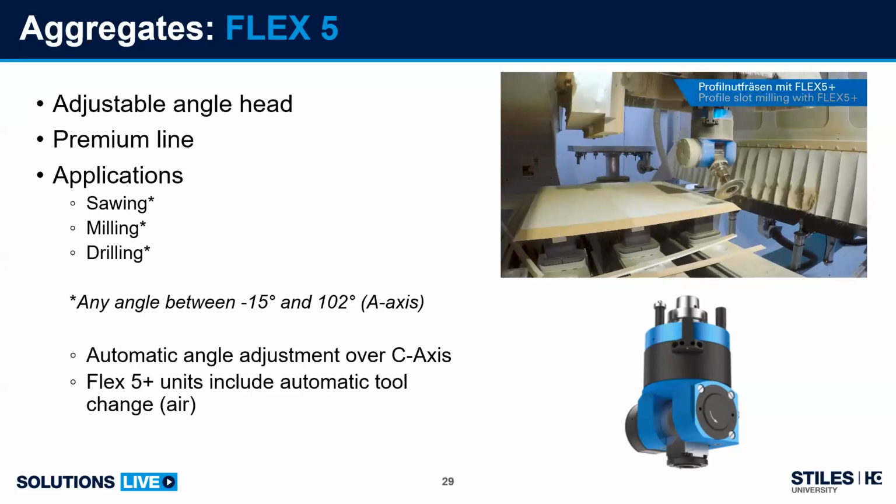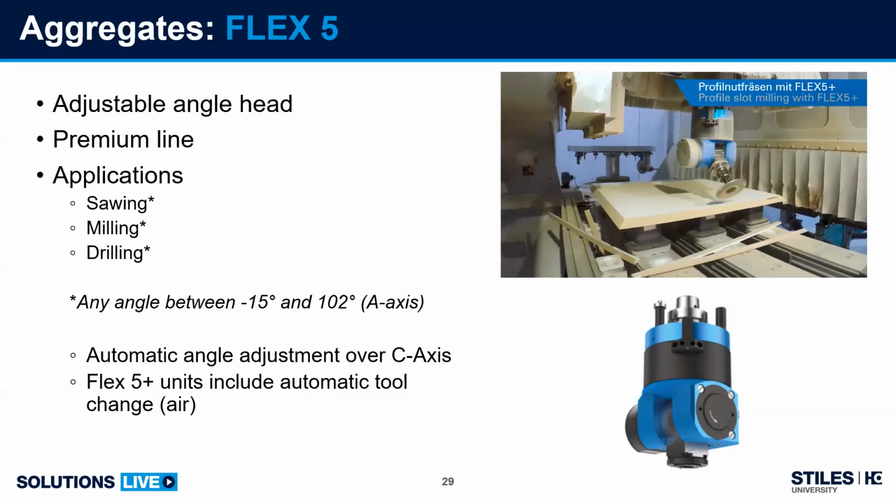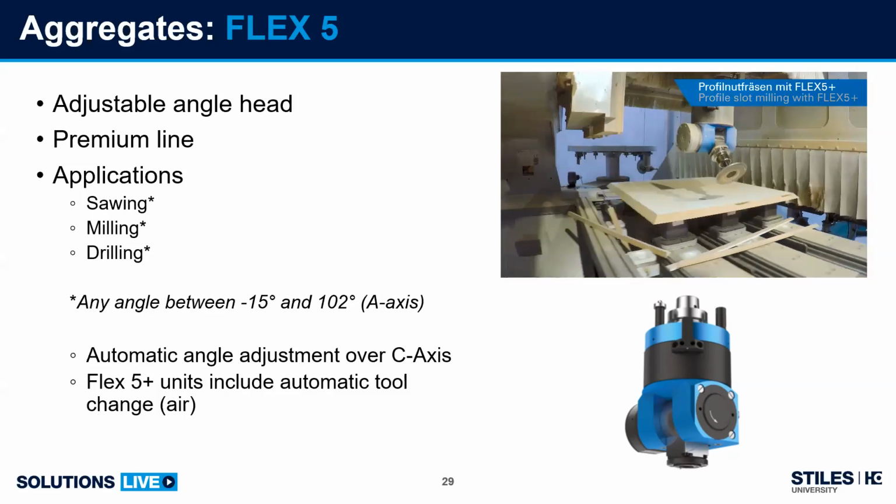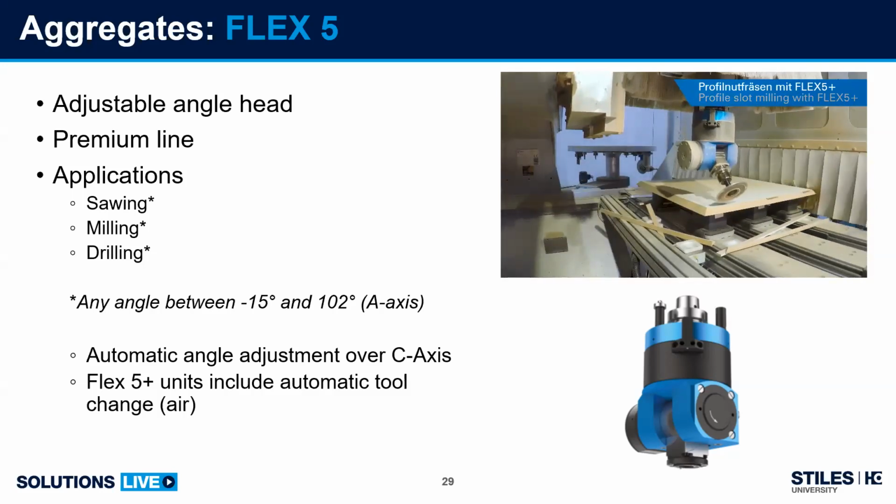This is a great unit if you're familiar with the Lamello Clamex P joinery systems. This is a unit that's used almost exclusively for that on the HOMAG side of things. This was HOMAG exclusive material for a number of years. In the last, oh goodness, probably 3 or 4 years, we've seen that change a little bit as well.